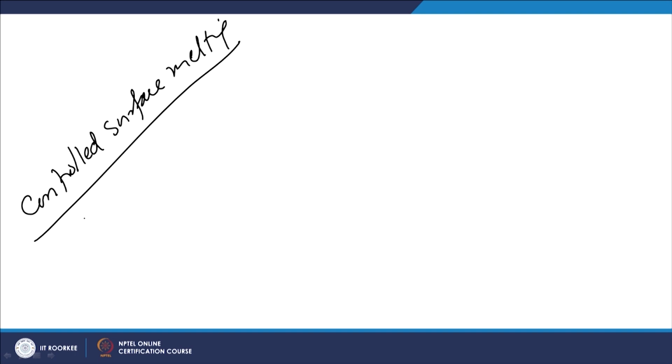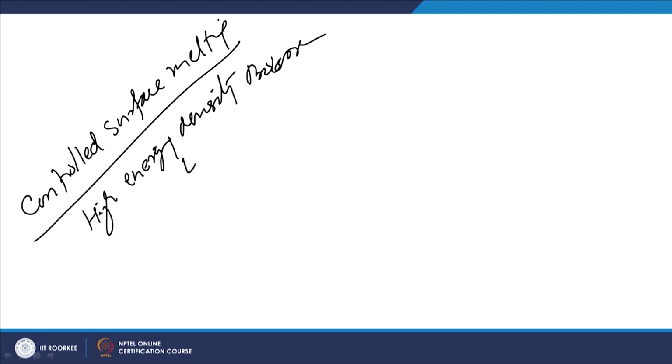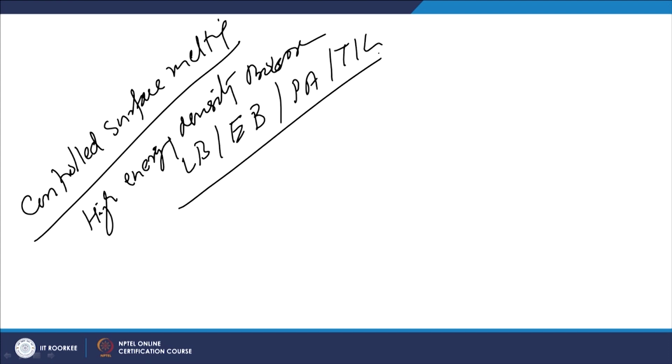There is another approach wherein controlled surface melting is used, using the high energy density processes, like we can use the laser beam, we can use the electron beam, or we can use the plasma arc, or even the GTA or the TIG arc is also used.